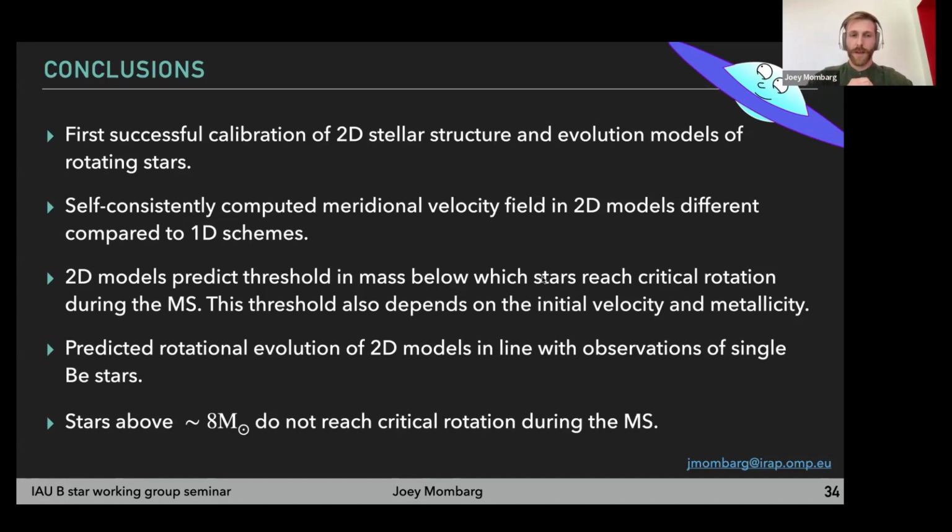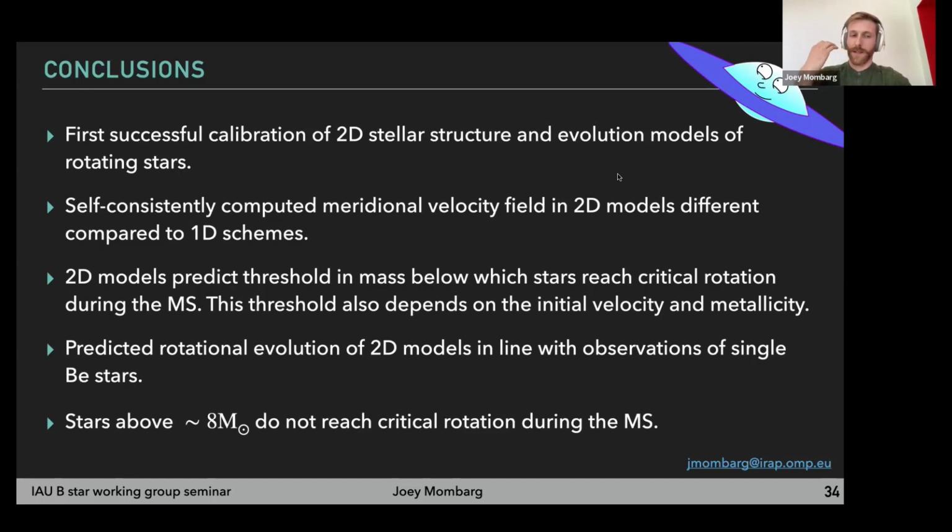And so in general, what we find is that the rotational evolution of these 2D models so far seems to be in line with what is predicted or seen in observations of single Be stars. And then lastly, for stars above 8 solar masses, we don't seem to manage to reach critical rotation during the main sequence. This can mean a few things.